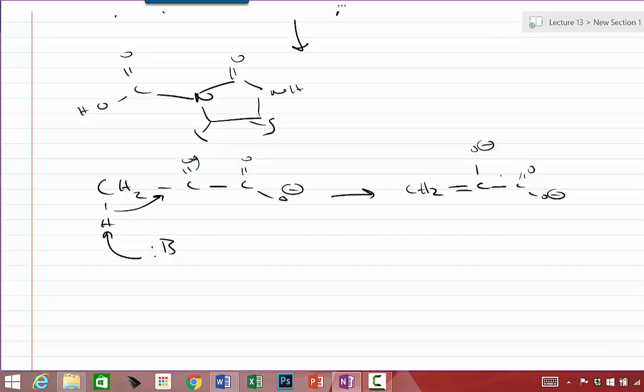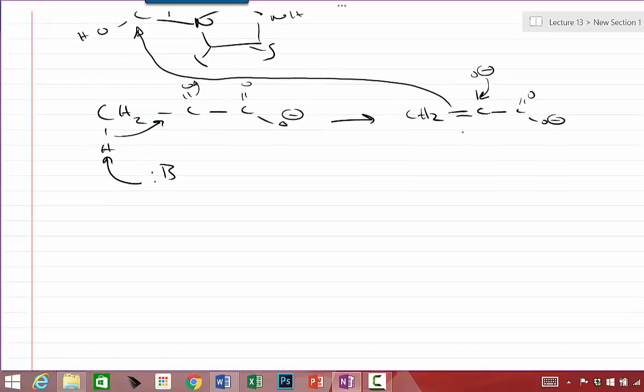And then finally, in a concerted reaction, this is going to make a double bond here, and this is going to attack right here. We recreate our biotin, and now we're going to get a carboxyl group placed on the end of this pyruvate.